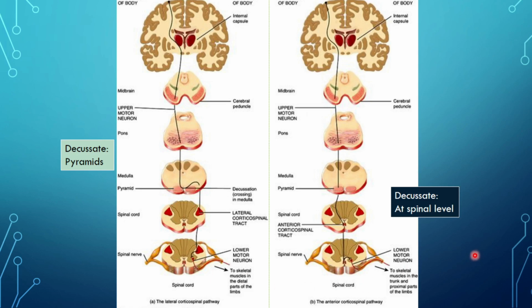Then the anterior corticospinal tract is very, very similar, almost identical, but there is one main difference, and that is that the decussation of the upper motor neuron in the anterior corticospinal tract decussates not at the level of the pyramids, but actually at the level of the spinal nerve at which the synapse with the lower motor neuron is going to occur.